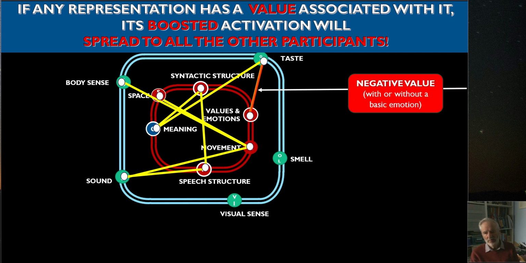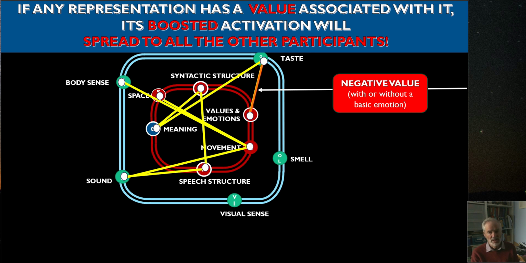But since here we have a negative value, remember it was a taste connected with a negative value, and now we know it's a bitter taste, so this particular individual is not happy with a bitter taste, so it has a negative value. But whether it's negative or positive, it has an affective value association, and this will have the effect of boosting all the other ones.